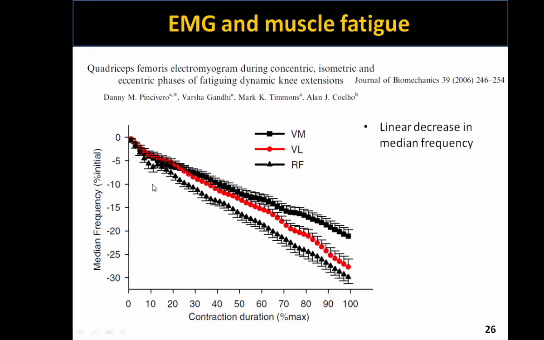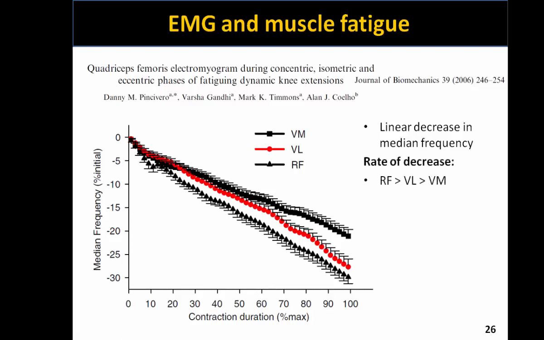And so what we see here is a very typical response in the frequency profile of the EMG signal: as fatigue ensues, there's a progressive and fairly linear decrease in the median frequency. That suggests to us that the frequency starts to drift towards lower values.